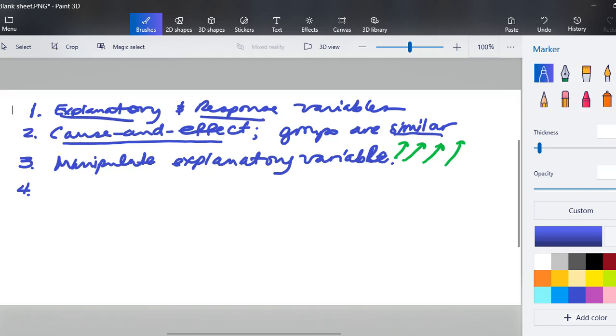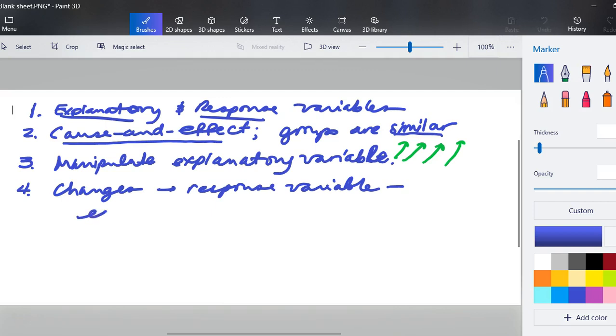And one final thought, if changes are observed in the response variable, then we can assume that the values of the explanatory variable are the cause.